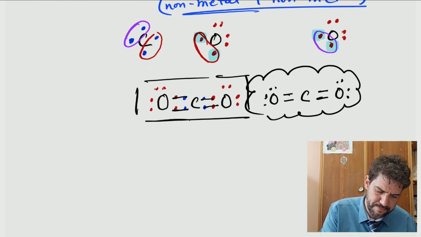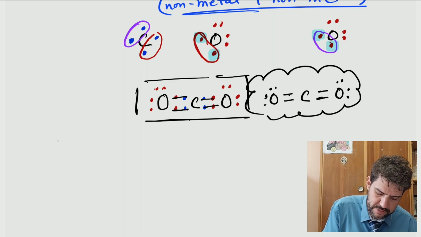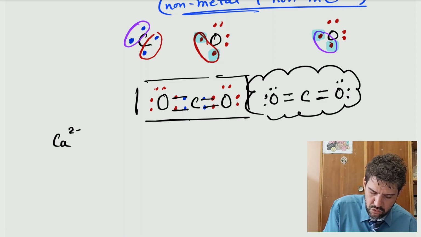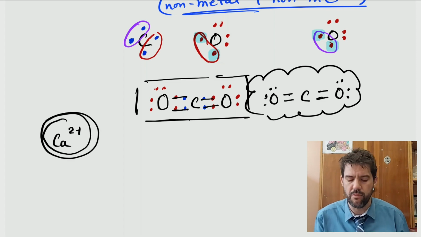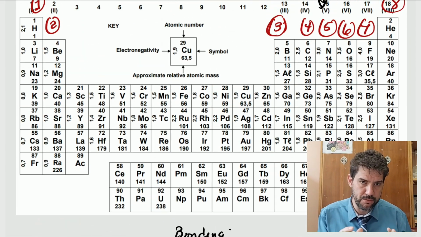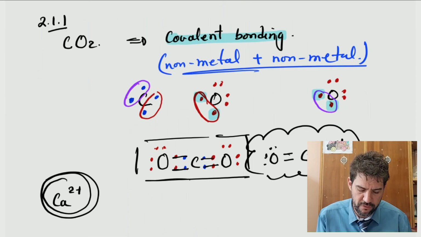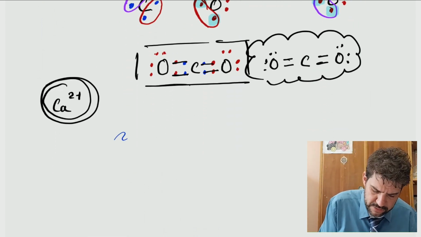Now, we have to represent the Lewis dot diagram for calcium, Ca2+. Now, how did calcium become Ca2+? If we go here, calcium is in group 2, so it will have 2 valence electrons. So from here, you will have that calcium is Ca with 2 dots.